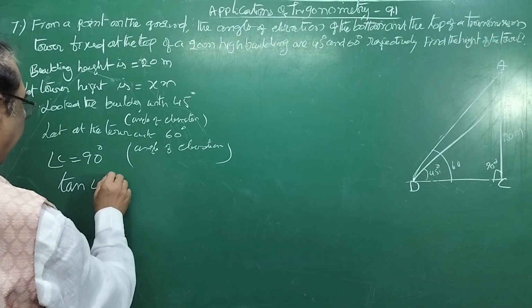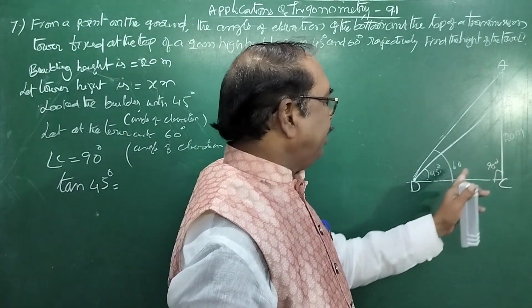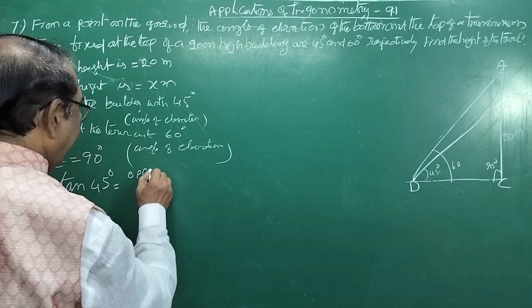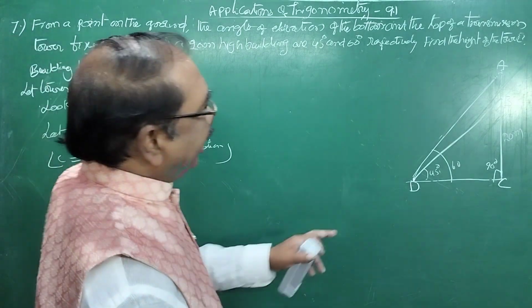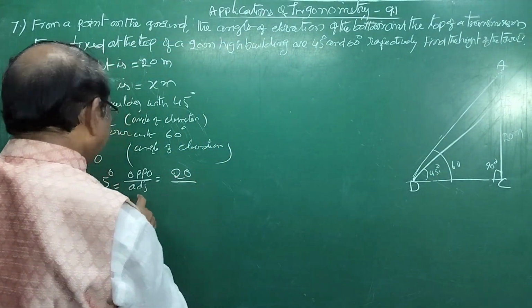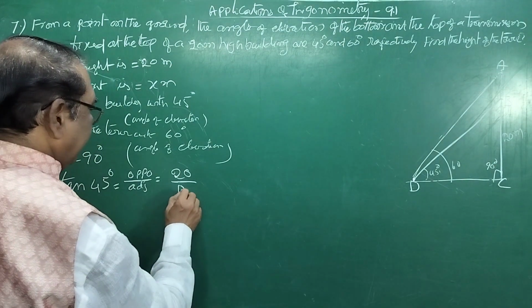Tan 45 degrees is equal to opposite side by adjacent side. Opposite side is 20 meters, adjacent side we don't know, DC.